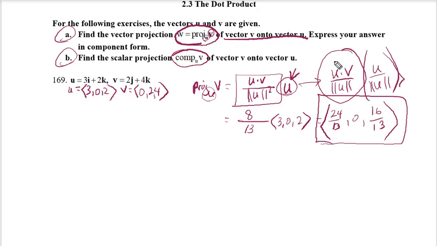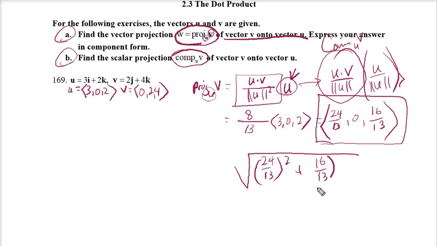So we could do that calculation, which is also the component of V in the U direction. But since we've already done this projection of V onto U, we can just do the magnitude of that. So the magnitude of that is going to be the square root of 24/13 squared plus 16/13 squared.